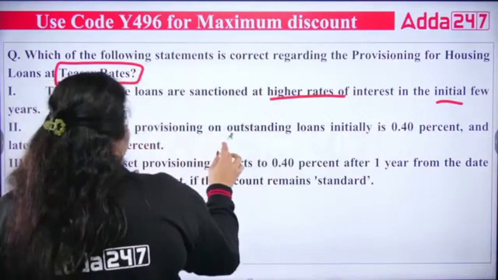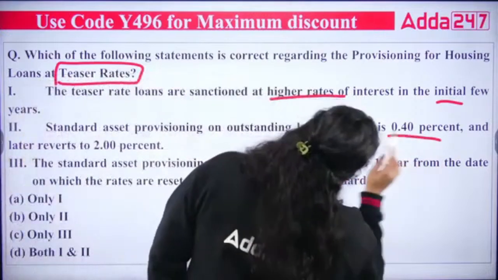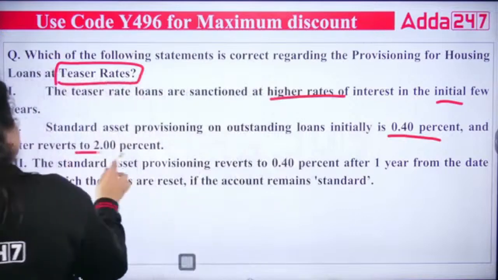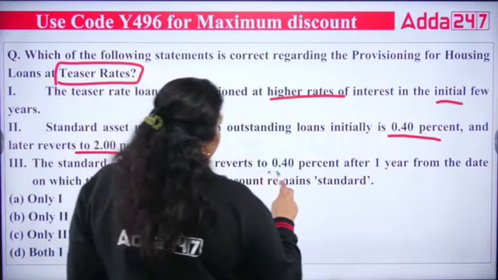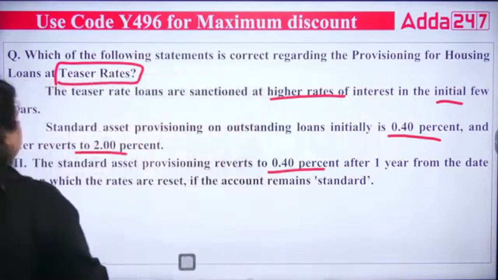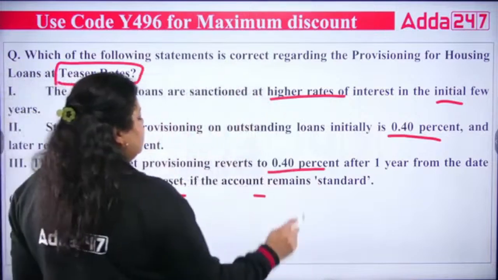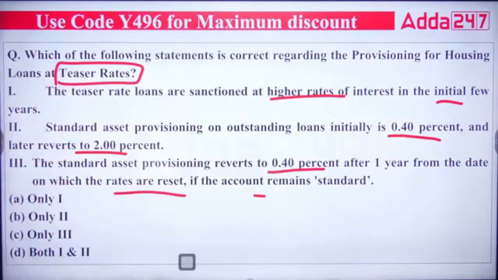Second, standard asset provisioning on outstanding loan initially 0.40% and later reverts to 2%. Third, the standard asset provisioning reverts to 0.4% after 1 year from the date on which the rates are reset if the account remains standard. So what do you think? Which of the following here is correct regarding the provisioning for housing loans at teaser rate?